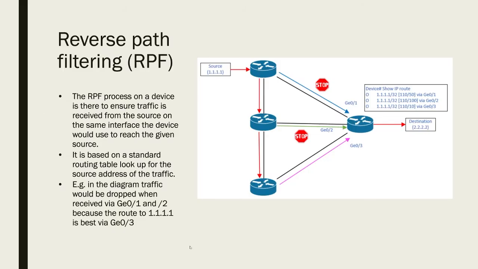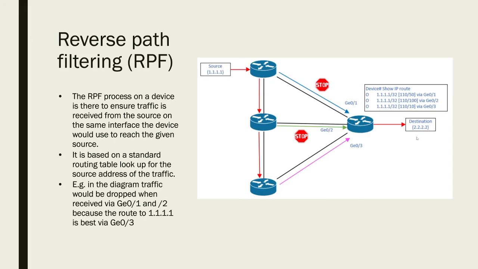As I just mentioned, reverse path filtering is basically locally double checking that the multicast traffic you've just received on your interface is the correct interface to receive it on. So in this example, we've got some kind of source up here that is sending traffic out onto the wider network, and we've got a destination here.